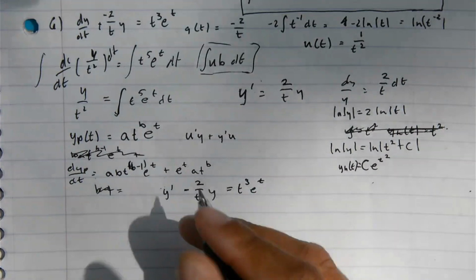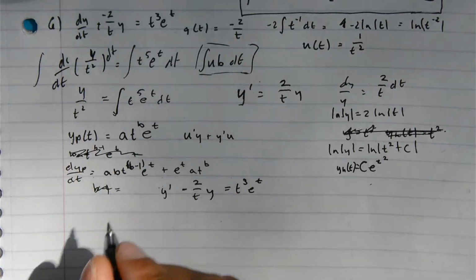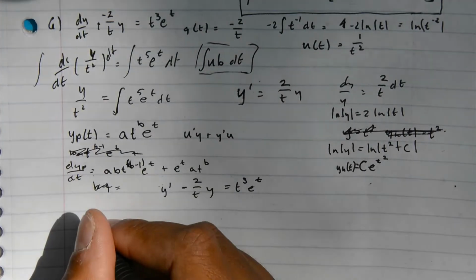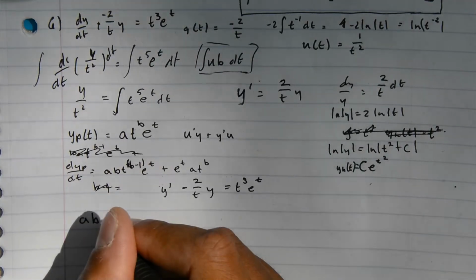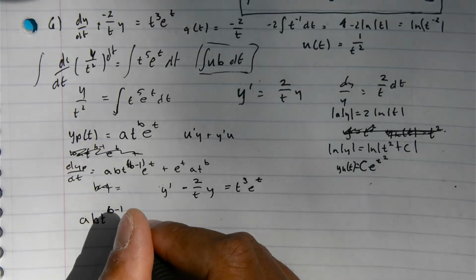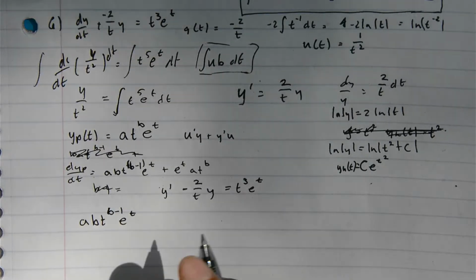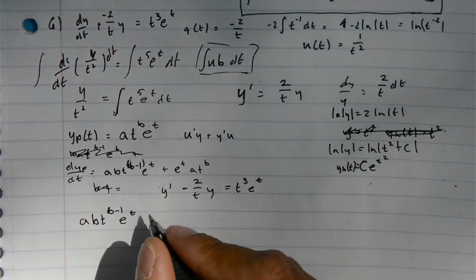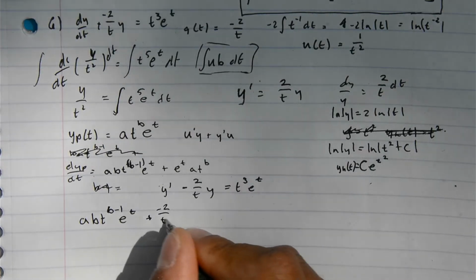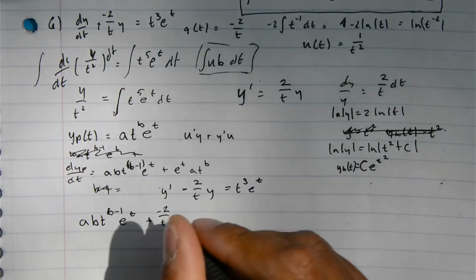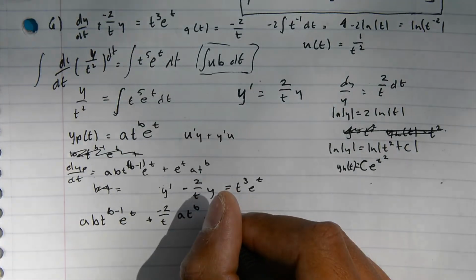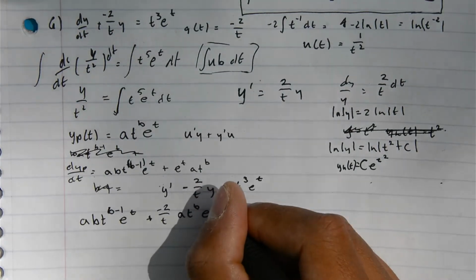Oh, wait. But what we're trying to do, then, we're going to get this. So if we had a b t to the b minus 1 e to the t, we're going to do plus minus 2 over t times y, which is a t to the b. Oh, nice. Okay, so this actually did work.